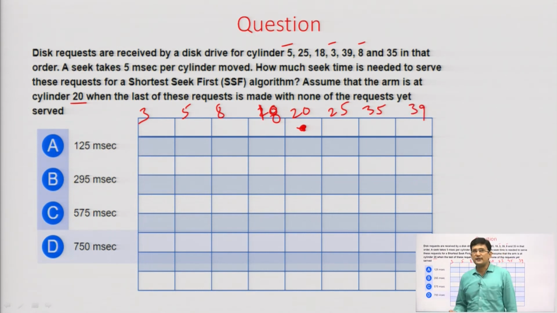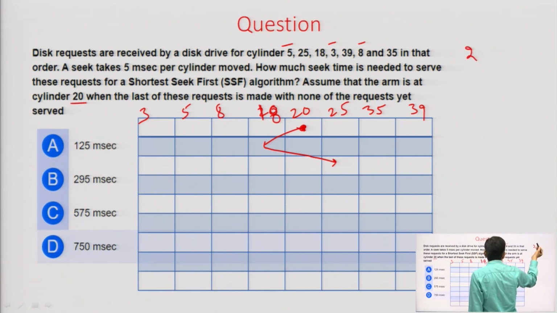So, according to the shortest seek time algorithm, from 20 we will move to 18. It is 2 distance apart. From 18 there are 2 possibilities, either to go to 8 or 25. So, I will prefer to go to 25 because this is 7 distance apart. So, you can do the simultaneous computations also, 2 and then 7 movements that took place. From 25 obviously 35 is the nearest one.